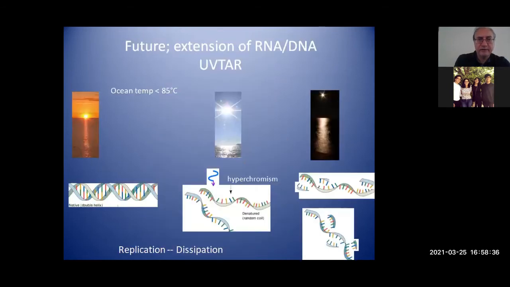Okay, so the future then is to try to have this whole process together, like in a PCR experiment, in which we have only ultraviolet light impinging on the DNA at a given fixed temperature, let's say a little bit less than 85 degrees centigrade.